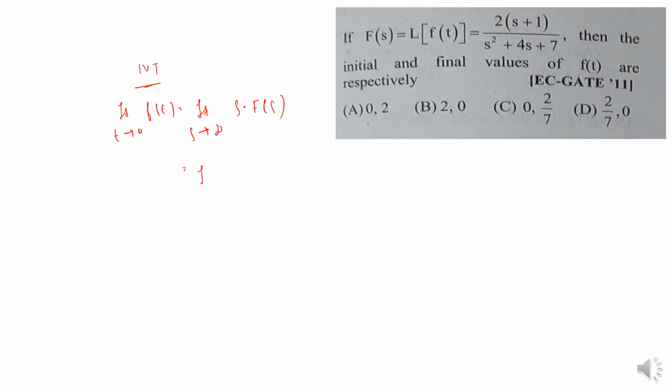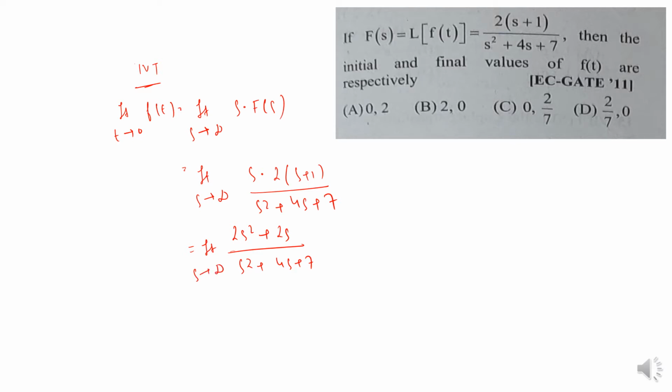So limit s tends to infinity s into (2 into (s plus 1)) by (s square plus 4s plus 7). It is like (2s square plus 2s) by (s square plus 4s plus 7).